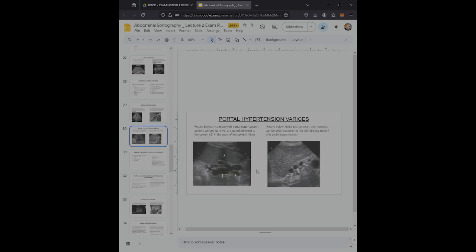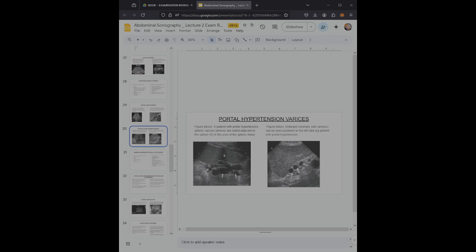Portal hypertension varices: abdominal varicosities may be noted near the splenic hilum or the renal hilum, or at the gastroesophageal junction. Furthermore, sonographic evidence of enlargement and reversed flow within the coronary vein may be seen with portal hypertension.